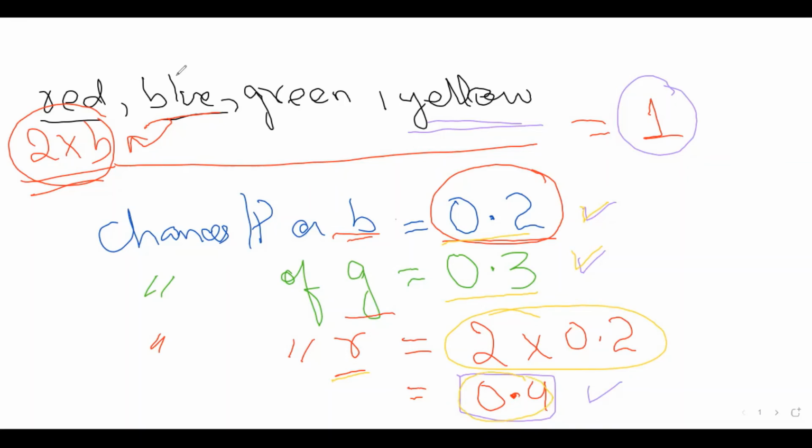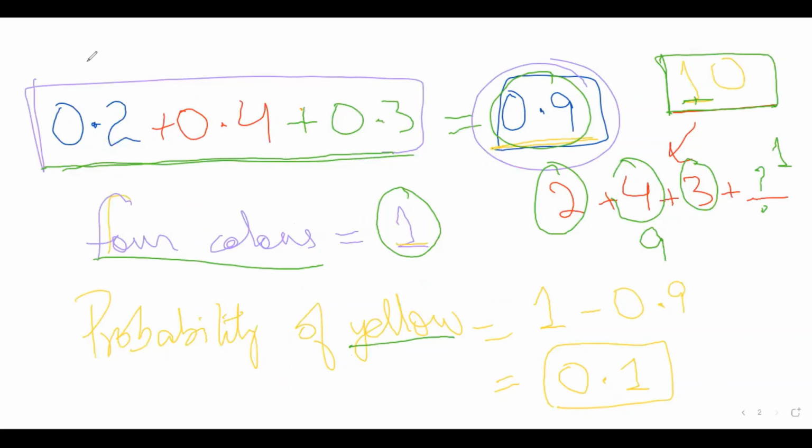Is it clear up till now? Yes. Okay. Next, we said that if we sum up these 3 probabilities, blue, red and green, the answer is 0.9. And what are the total chances? The total probability is 1, because Jessica only has to take out one button.